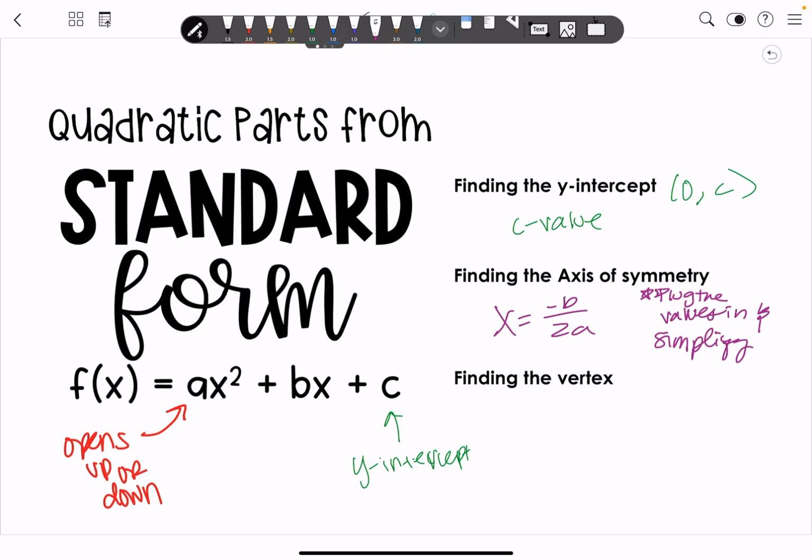Now, in order to find the vertex, you're going to use the x equals negative b over 2a, and your a and b and the entire equation, in fact.